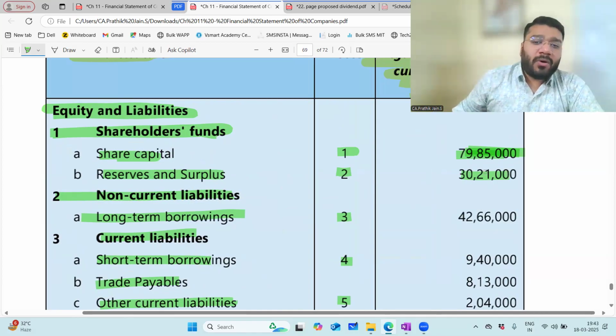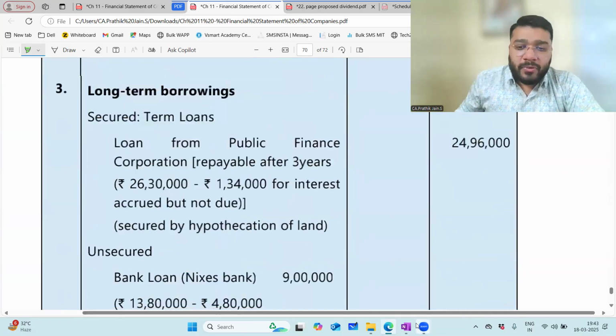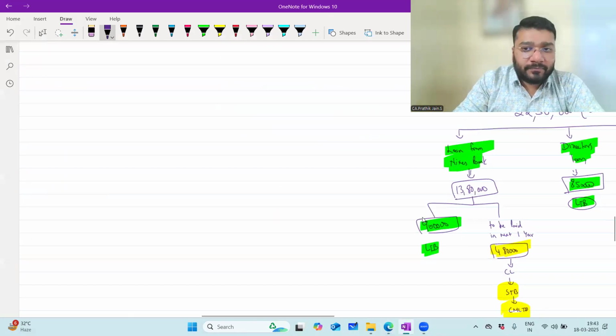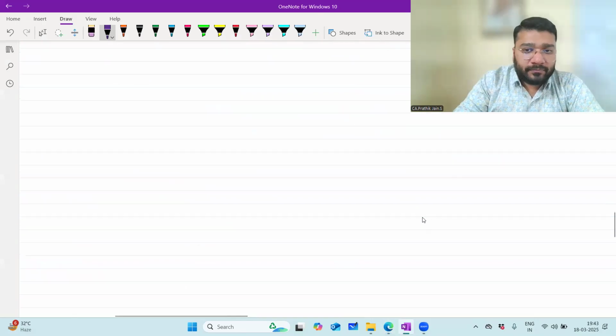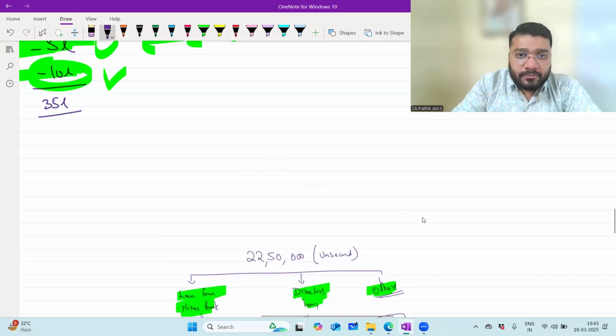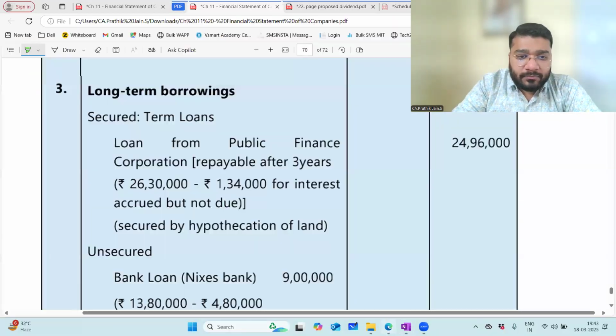Next is long-term borrowing. So come to the chart that we have prepared.